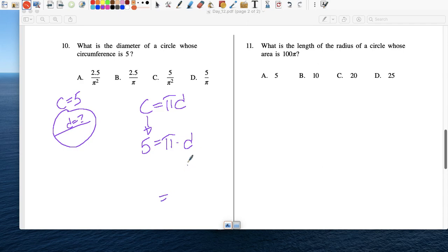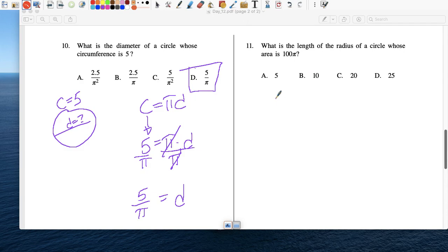How do I get the diameter by itself? Divide this side by pi and divide this side by pi. So these two go away. On the other side, they didn't divide 5 by pi, so they left the answer like that. 5 is the diameter. So do we have anything like that? Yeah, right here.